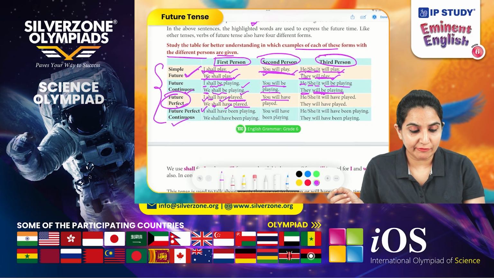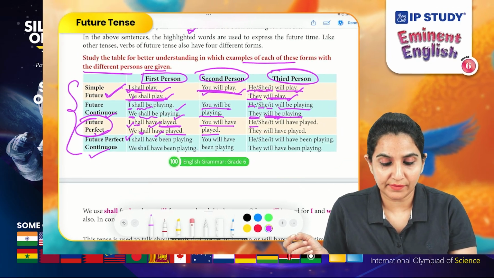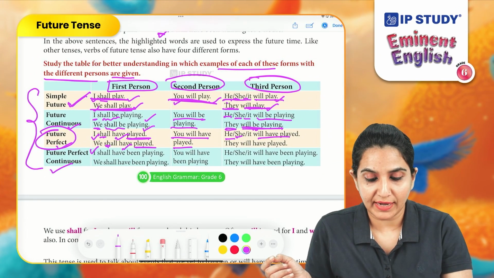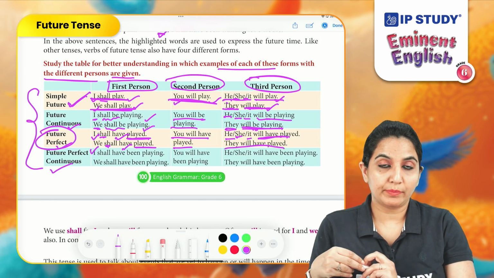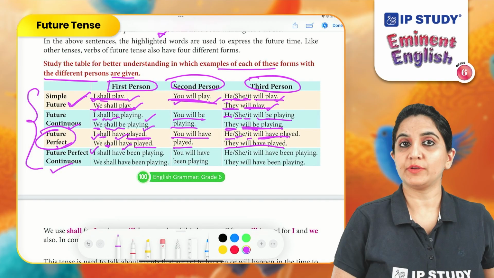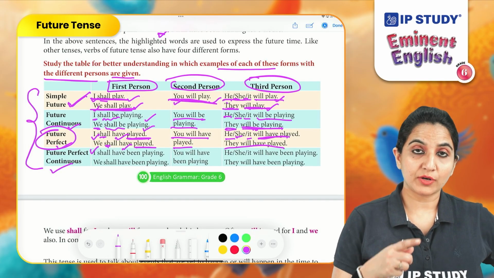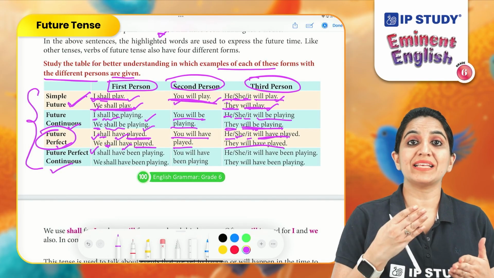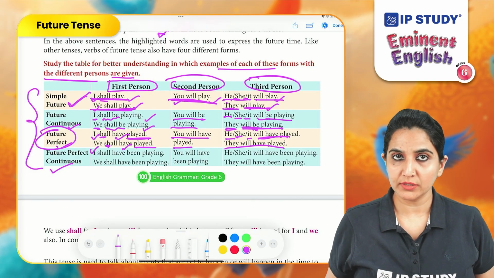You will have played, he will have played, she will have played, it will have played, they will have played. Right? So with the first person singular and plural, we use shall, but because it is future perfect tense, we will use have commonly for all the persons.